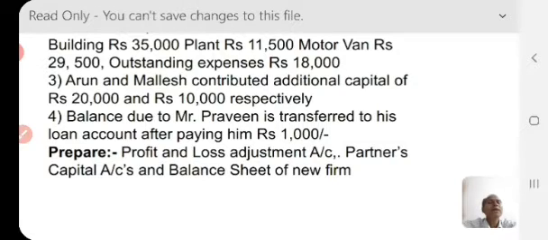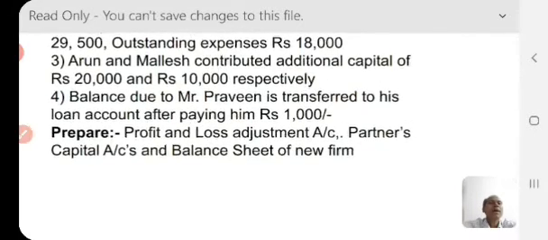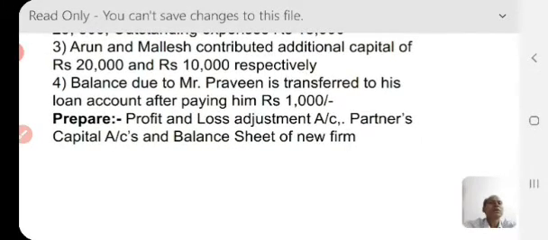So prepare profit and loss adjustment account, partners capital accounts, and balance sheet of new firm.